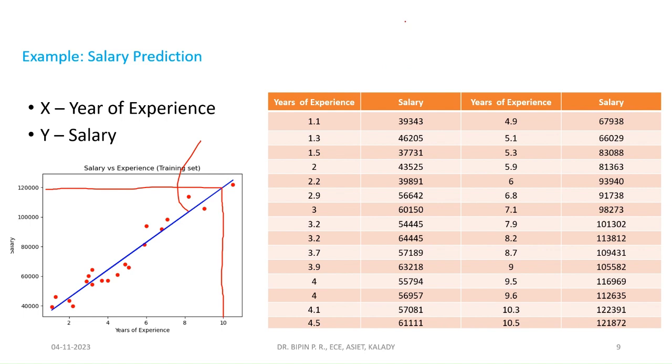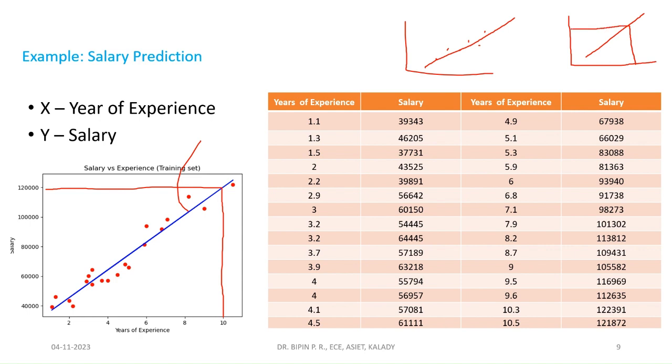First of all, we will plot the data points. Then we will find the best fit line in such a way that the error between the actual output and the predicted output is minimized, that is, the MSE is minimized. Now using this same line, whenever a new input comes, it will predict the output.